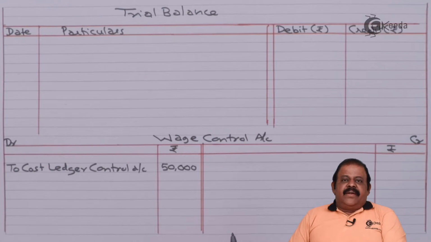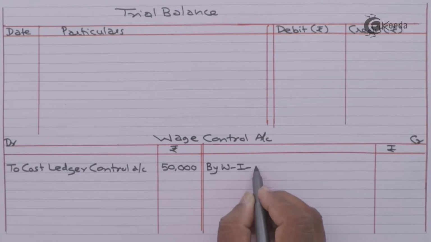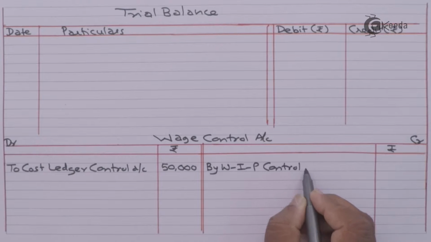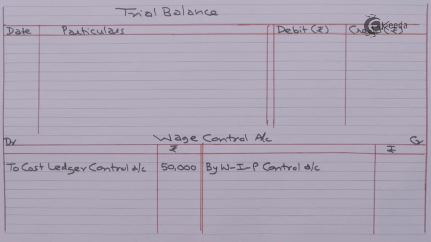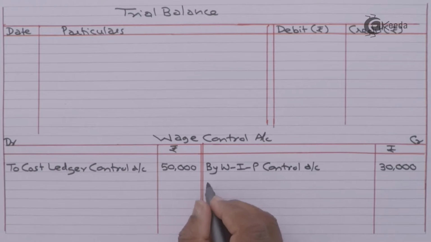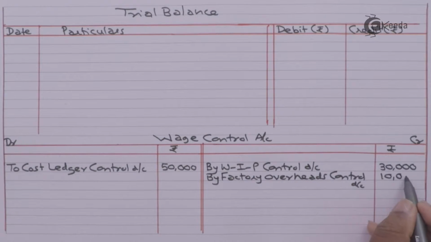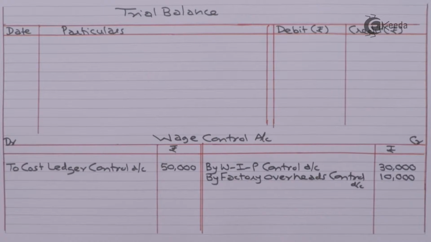So this will be credited to wage control account. By work in progress control account 30,000. This is direct wages. Factory overheads control account, that is indirect labor 10,000.